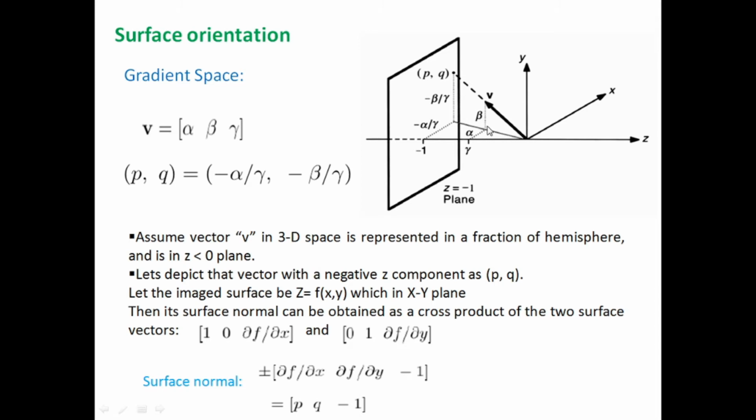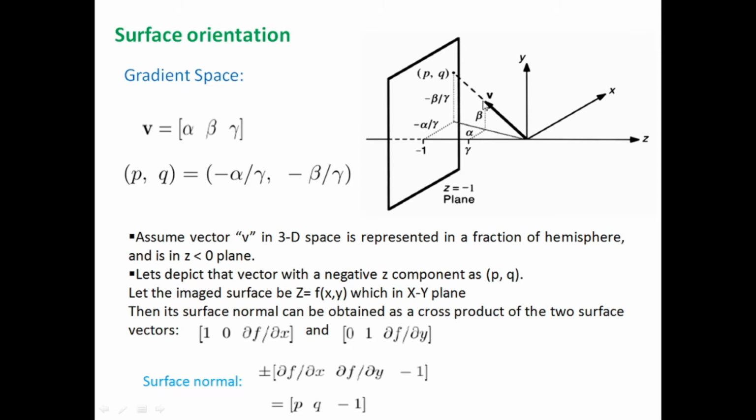So that means the point V is moved alpha, beta, gamma units from the origin. Alpha is parallel to the x-axis, beta is parallel to the y-axis, and gamma is parallel to your z-axis.